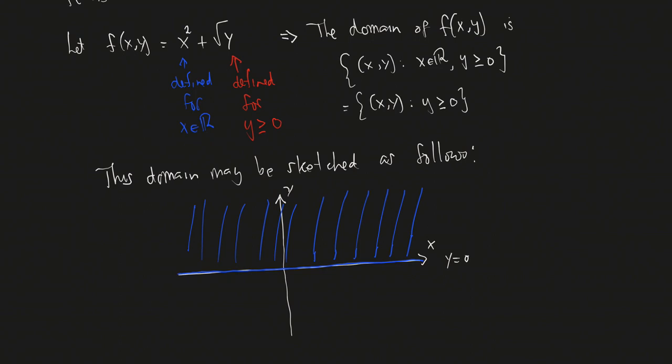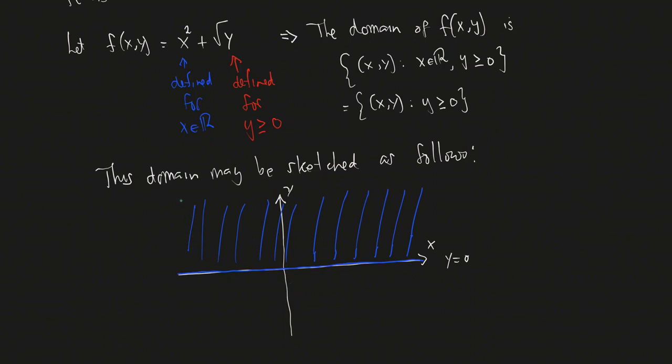Now, just some other terminology. This line here is almost like a fence. And it basically says, as far as the domain is concerned, thou shalt not go below this line. So everything above the line is fair game. Everything below the line is not.